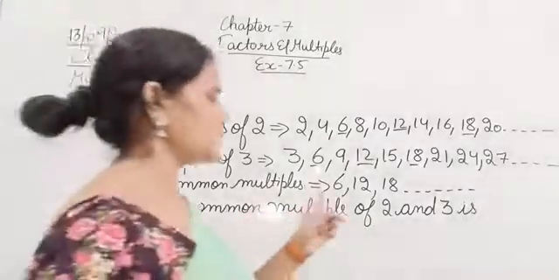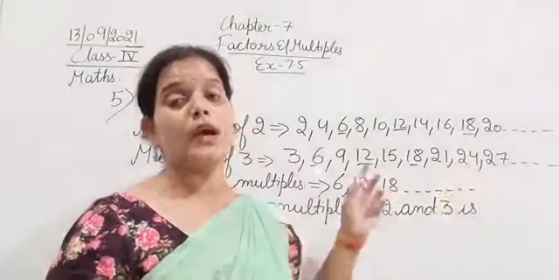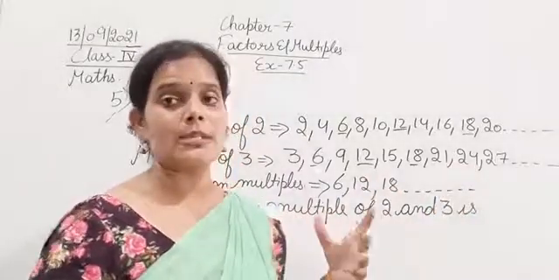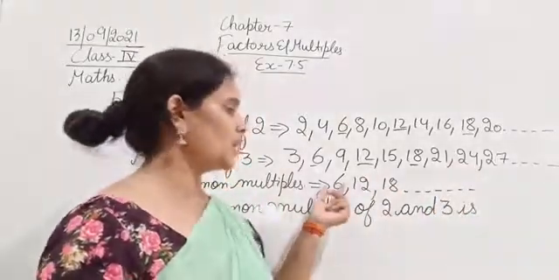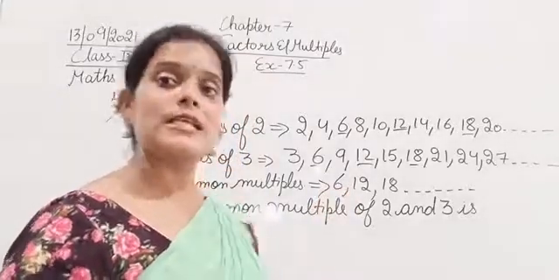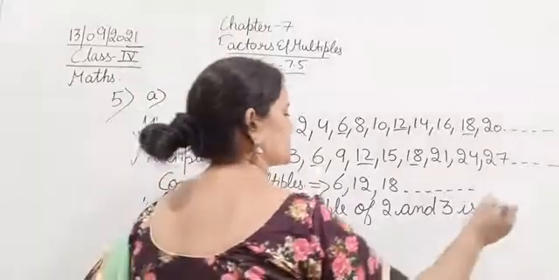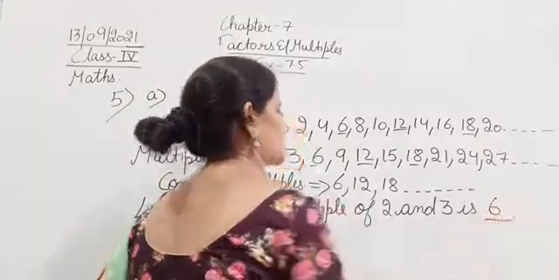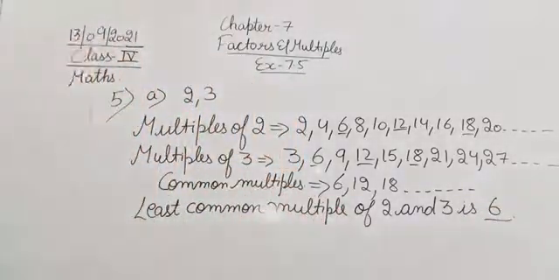The common multiples are 6, 12, 18 and there will be more. But we have to find the least, so the least will be this one only. So the least common multiple of 2 and 3 is 6. Okay, so this is the solution of the A part of question number 5. You can pause it here and note it down in your notebooks.